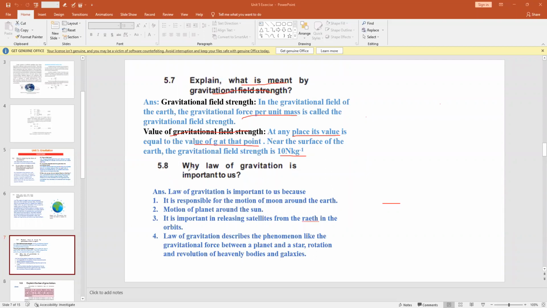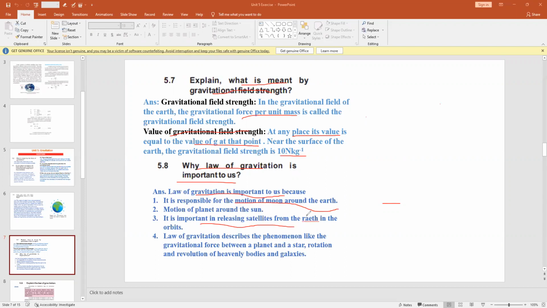Then there's 5.8, why is the law of gravitation important? So we have to see the importance in our daily life. According to scientists, the law of gravitation is important to us because it is responsible for the motion of the moon around the earth. The moon revolves around the earth because of the gravitational force of attraction between the two objects, one the moon and the other the earth. It is responsible for the motion of planets around the sun, and it is important for releasing satellites from the earth.